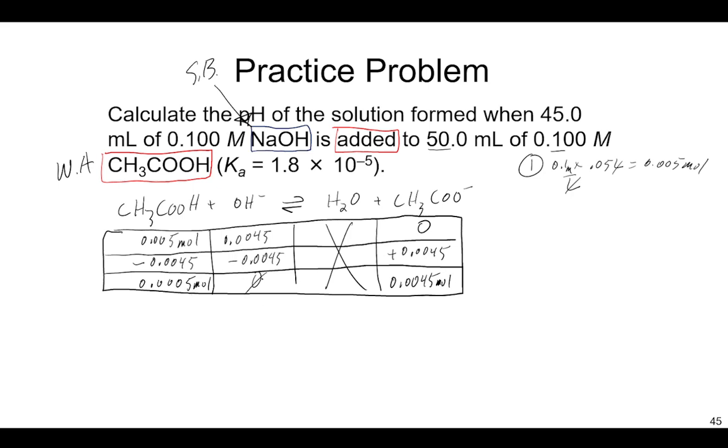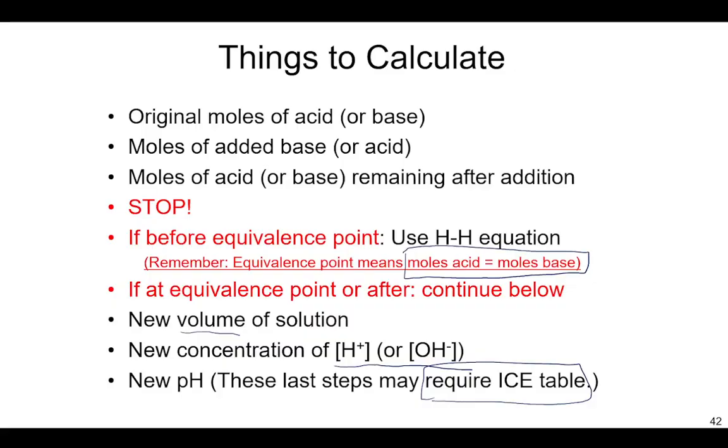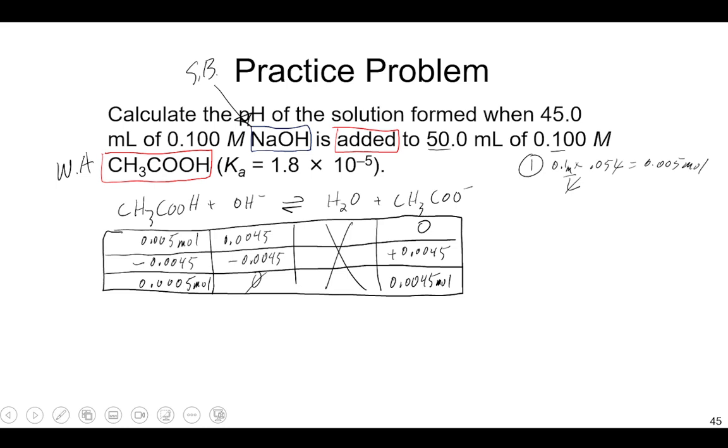Okay, so clearly here I'm before the equivalence point. I have not added enough base to completely neutralize the acid. And so the strategy here is, I'm before the equivalence point, so use Henderson-Hasselbalch on what remains. This is just like we did for strong acid, strong base. We were left with a conjugate acid-base pair.